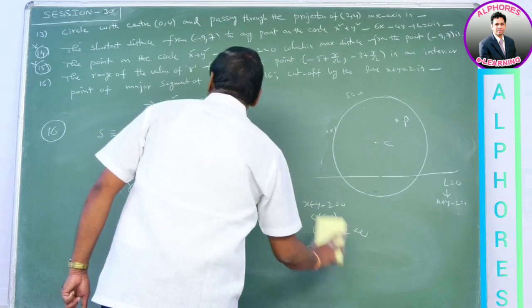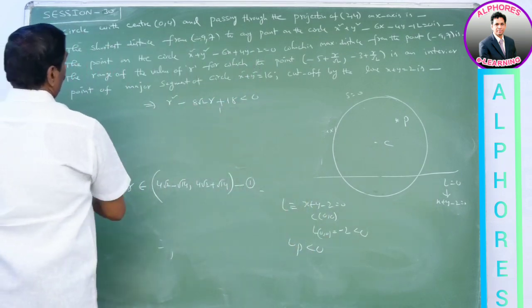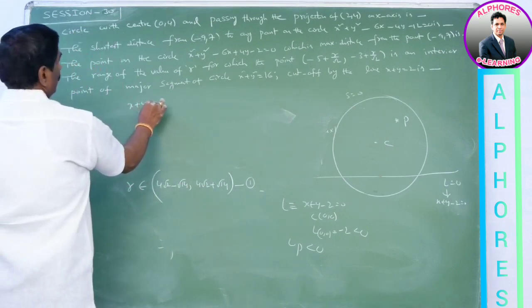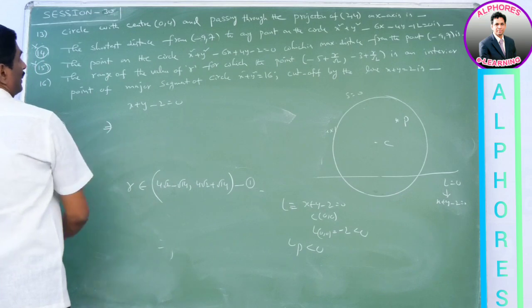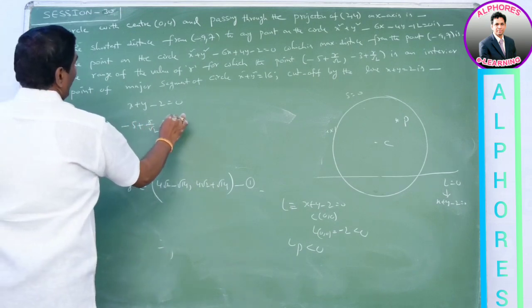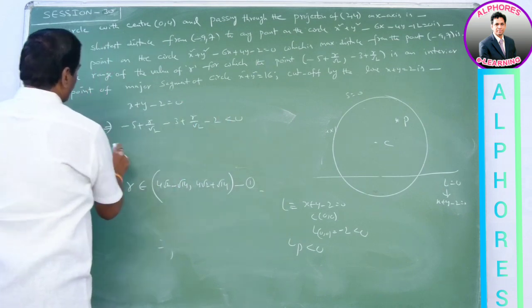L at P means, what is the line? The line equation is x plus y minus 2 is equal to 0. That means minus 5 plus r by root 2, minus 3 plus r by root 2, minus 2 less than 0.